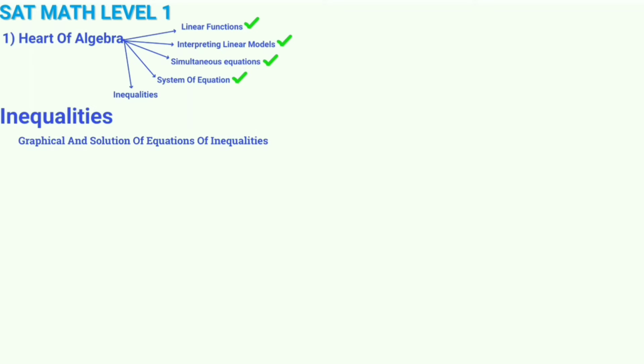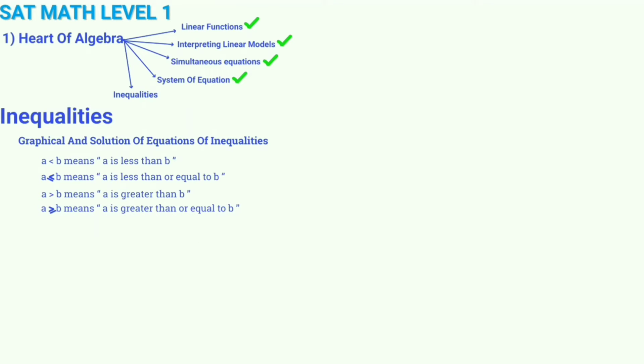Now inequalities. Graphical solution of inequalities. There are a number of things that you need to understand. A less than B means A is less than B. Just remember this. These are the signs, and this is how you solve an inequality. 3x plus 4 less than 10.